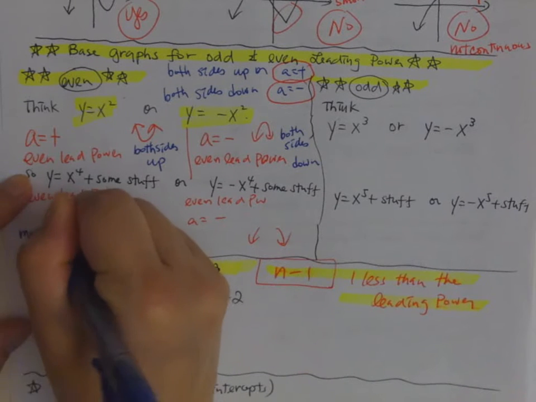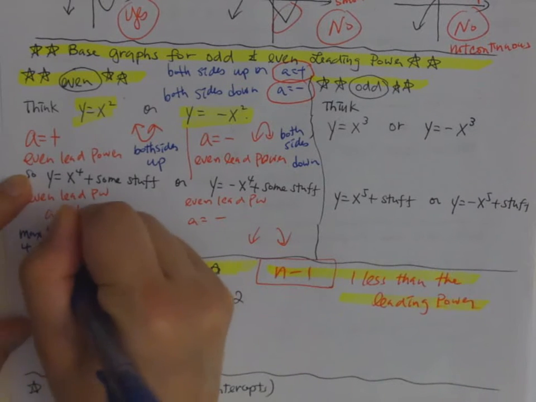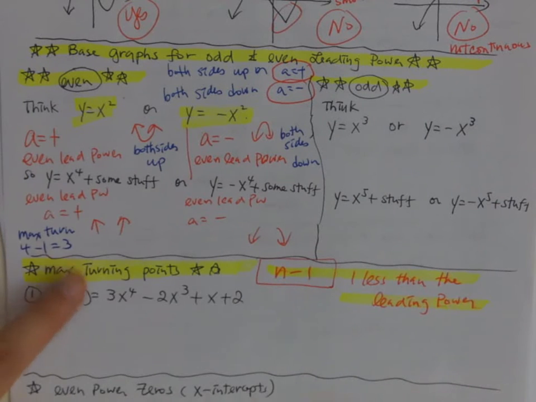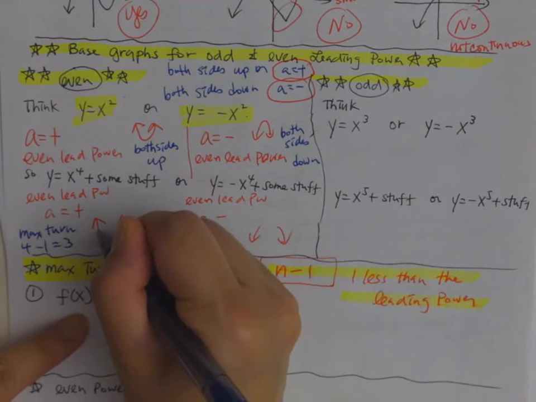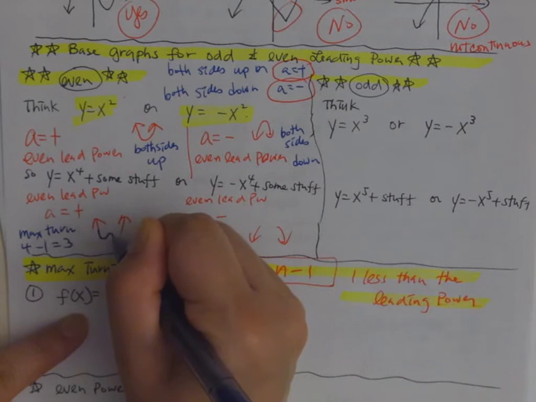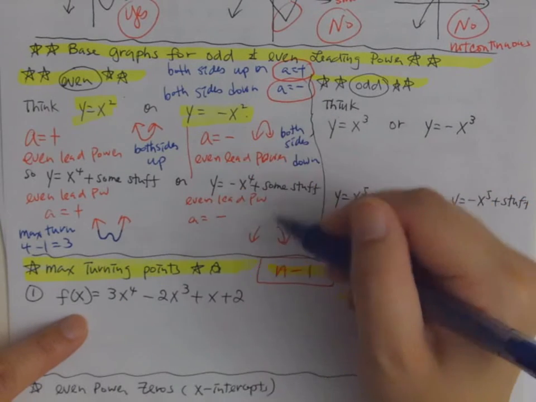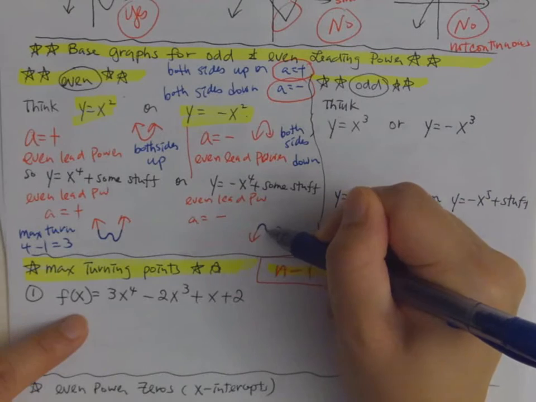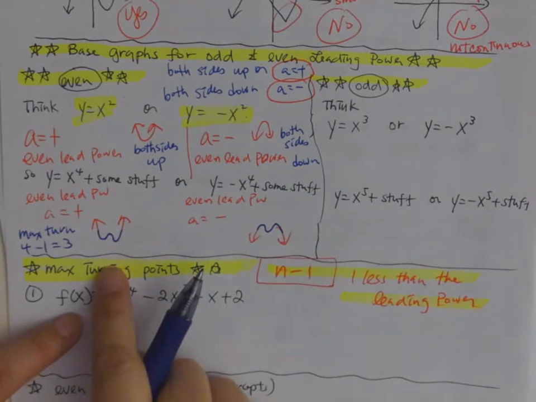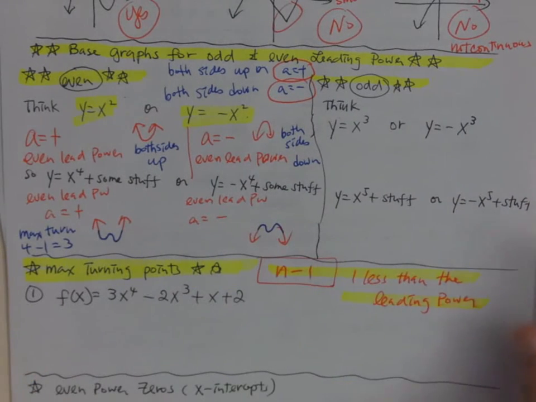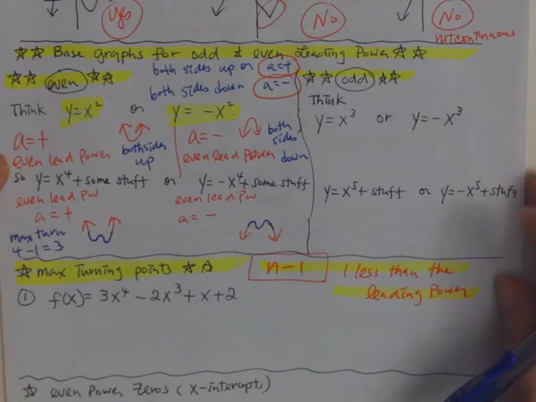So the maximum turns is going to be 4 minus 1 equal to 3. So I'm going to need to make 3 turns here: 1 turn, 2 turns, 3 turns. So one looks like a W, one looks like an M, right? So that is for even leading power.